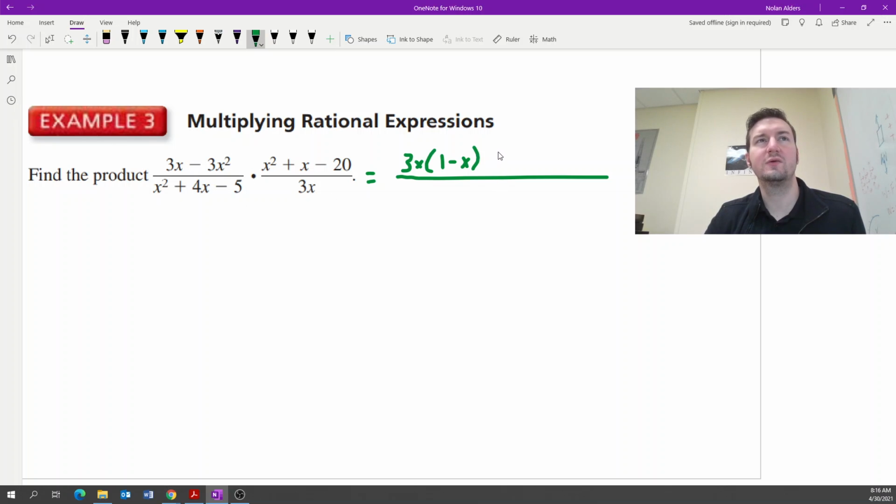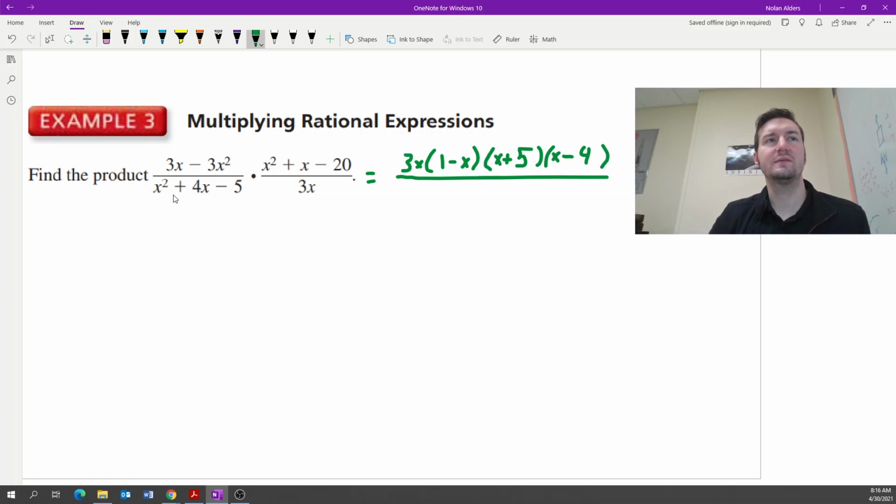So x squared plus x minus 20, let's factor that. We'll have an x and an x. This is a minus sign right here, so we'll have a plus and a minus. What times what equals 20? 5 times 4 is what I'm thinking. And we see a 5 plus negative 4 gives us 1, which matches that middle term.